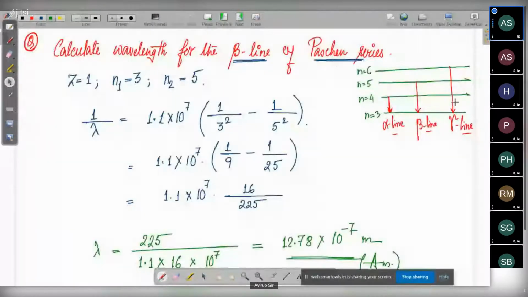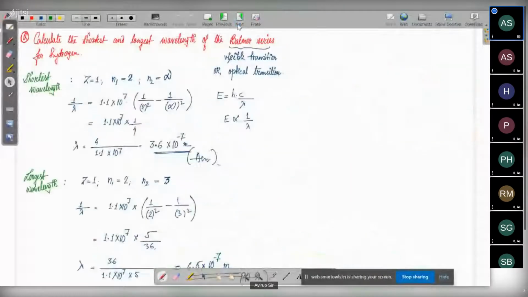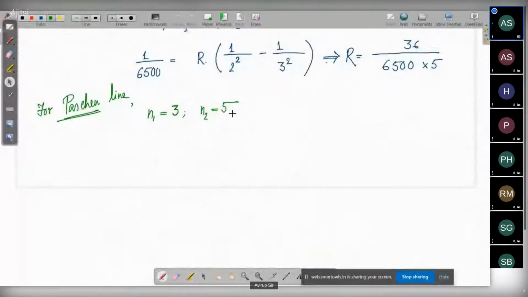So we apply that. N1 is 3, N2 is basically 5. And lambda is only what you need to find out. The R value we have just found out. We will now put down that value and find the value of lambda, and we get our answer.